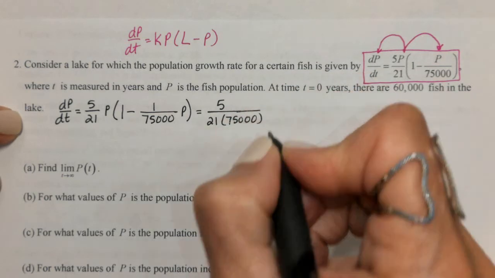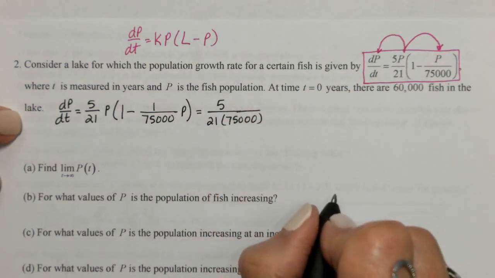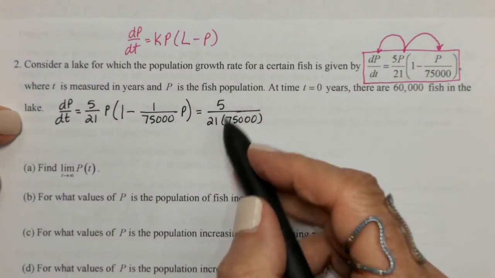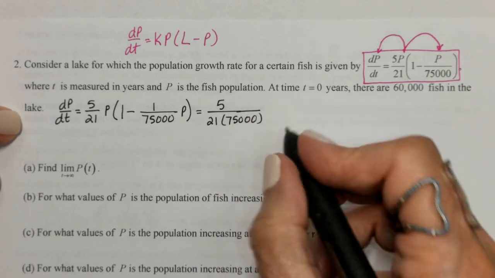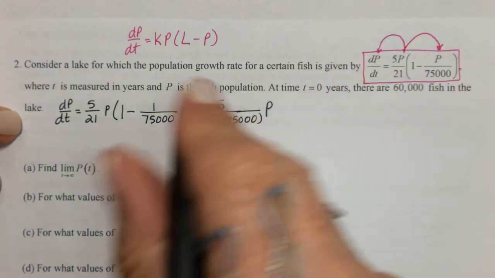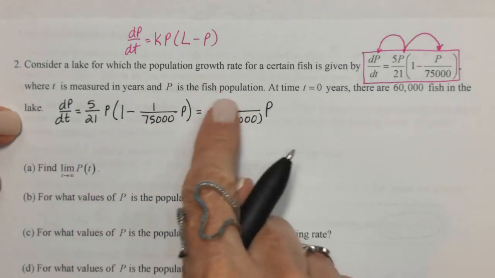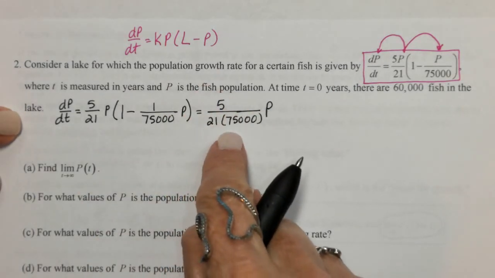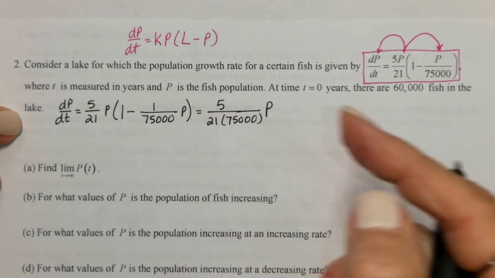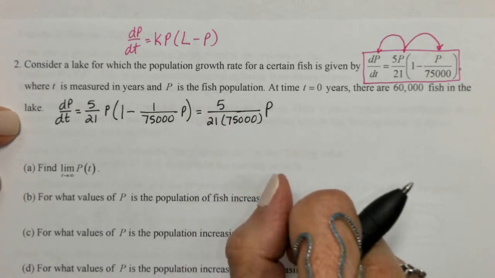I'm not going to bother simplifying that at all because we really don't need to know that K value. It's sitting there, but we really don't need it. The only time we would need to worry about what this number is for K is if we were actually solving the differential equation, and I already told you we're not going to be doing that in this course.